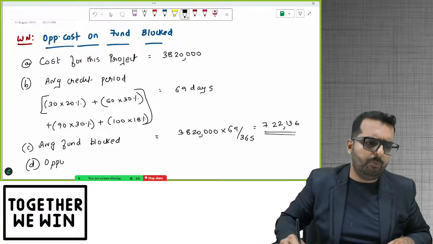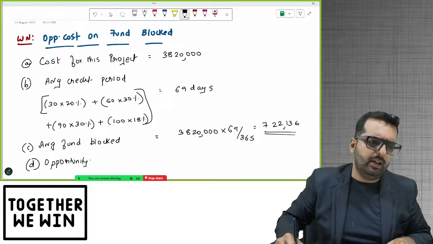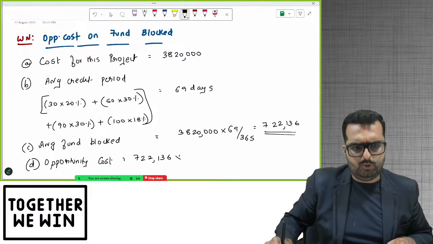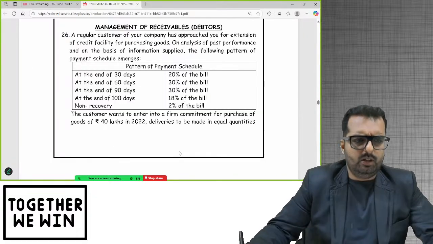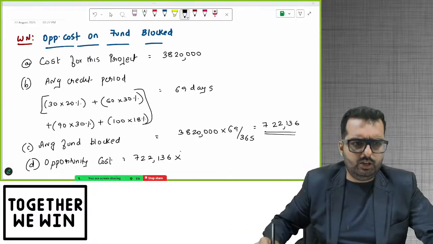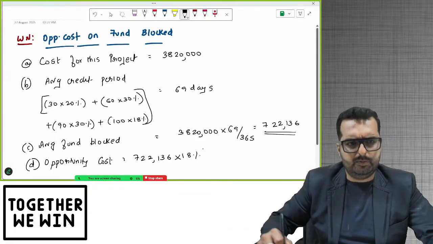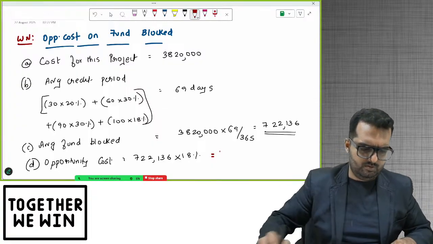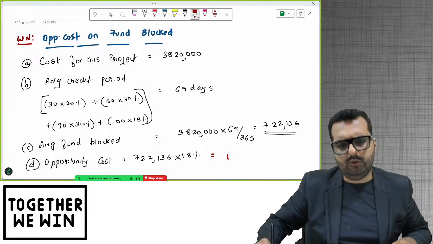On this, my opportunity cost will be, how much percentage have they told over here? 7 lakh 22,136 into 18%. That is 1,29,984.